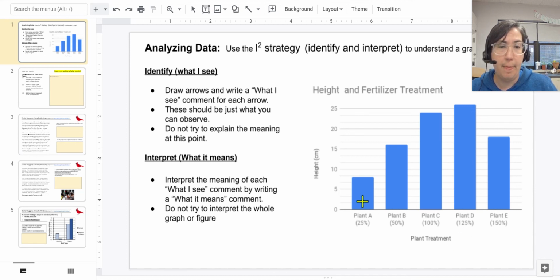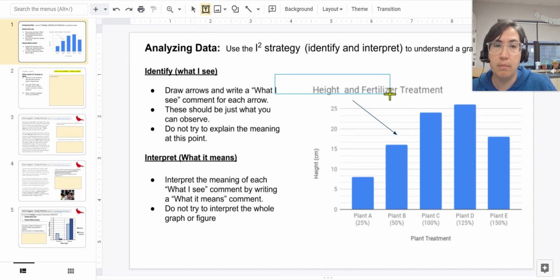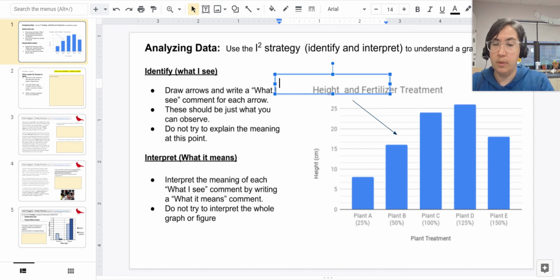Well, as I go from plant A to plant D, there is an increase in my plant height. So, there's my arrow, and then a comment for what that means. If I come over here, text box, from 25% to 125% fertilizer, there is an increase in height.